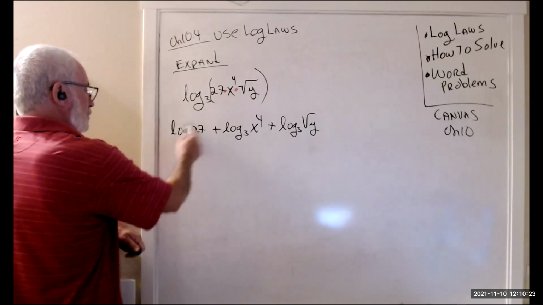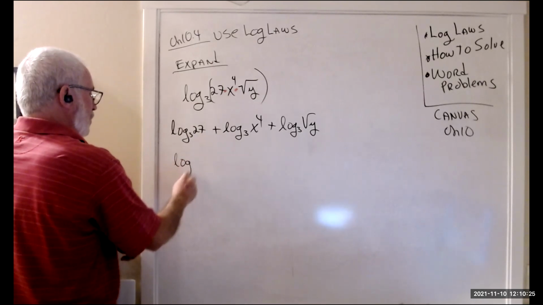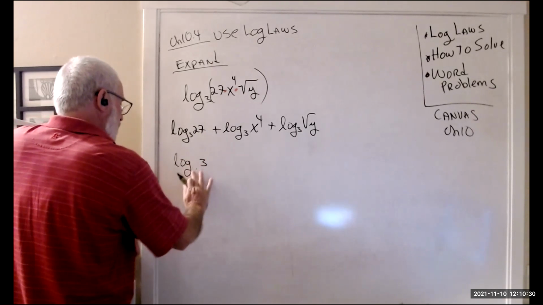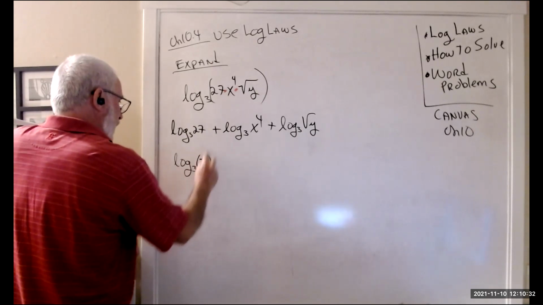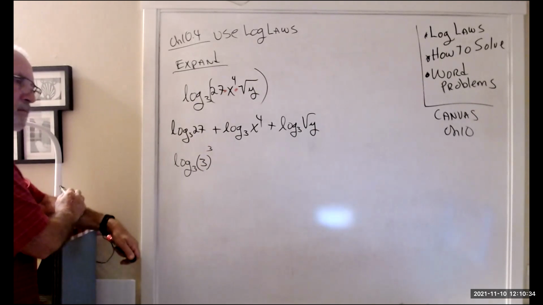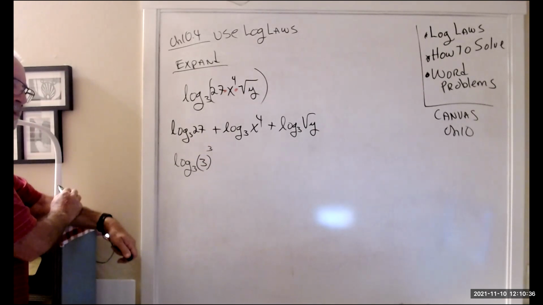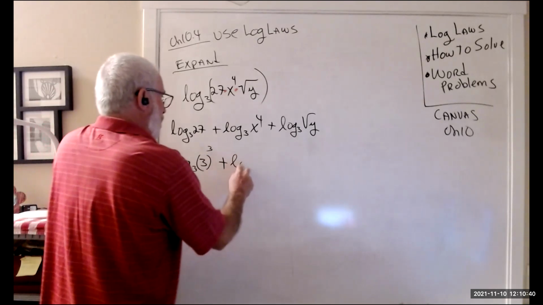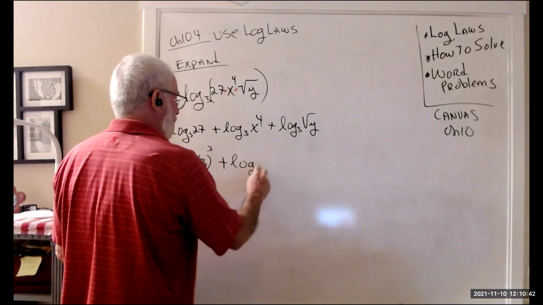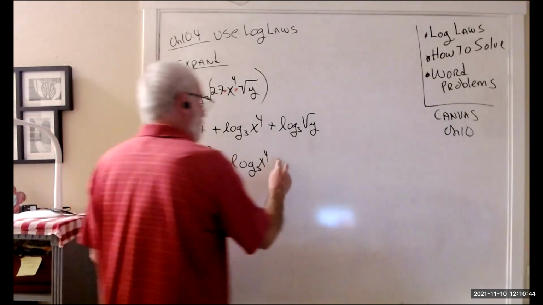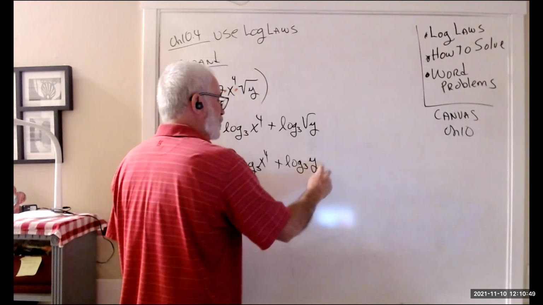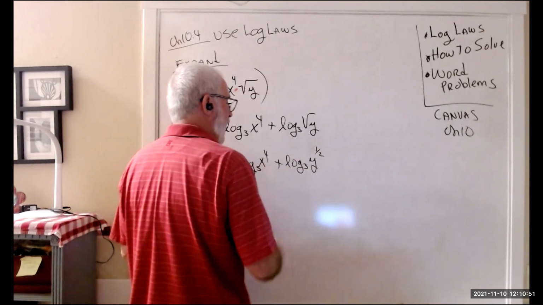At this point, you should be seeing 27 as 3 to the 3rd. Again, logarithms are all about exponents. Plus log base 3 of x to the 4 plus log base 3 of y, check this out, to the 1/2 power.